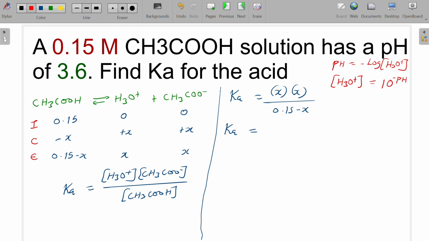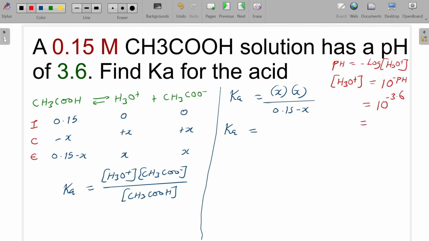If you remember your logs, bear with me, that's what we are going to have. So we have our pH, and this is going to be equal to 10 to the power of minus 3.6.